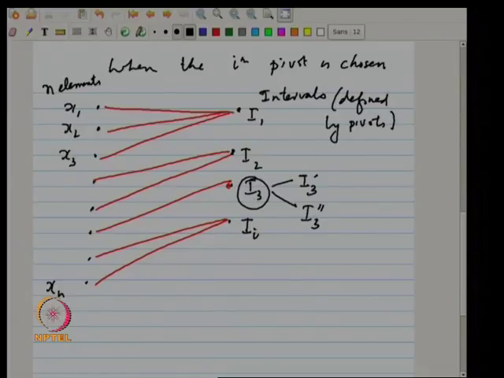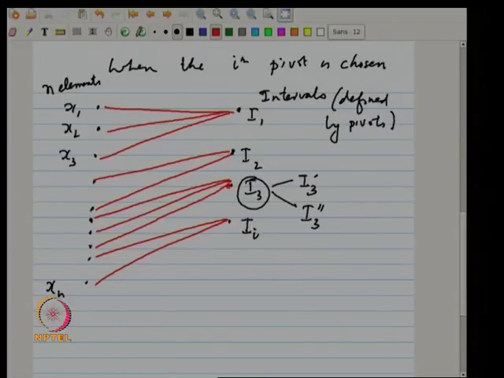Some interval gets partitioned, other intervals are untouched. This is not a good example, so let me put in a few more elements here. There are 3 elements in this interval I3 before the ith pivot was chosen.